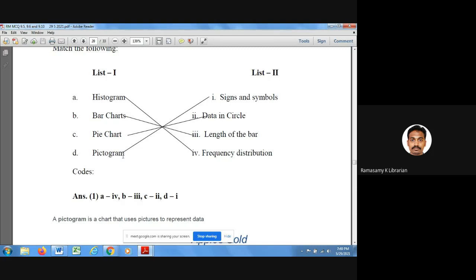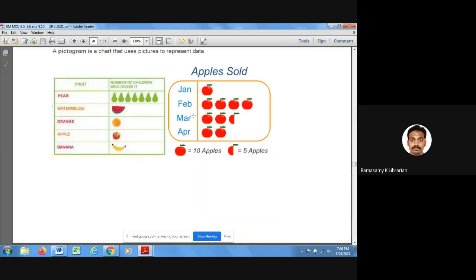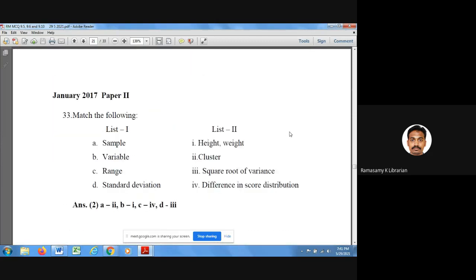Then pictogram is a chart where we are using signs and symbols. That is, we are using pictures to represent the data. For example, these are two examples for pictogram. So January month, how many apples are sold? 10 apples. Okay. March, 25 apples. Okay. So pictures are used to represent the data. It's called pictogram. Fine. Good.